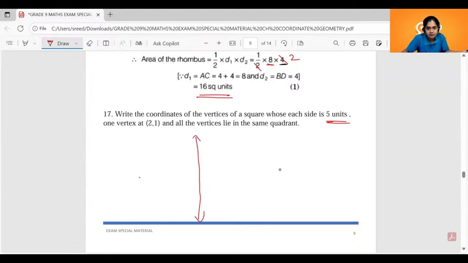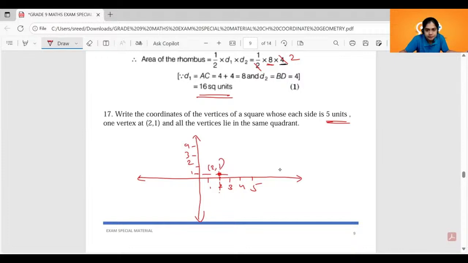Okay, so this is the positive side of y, this is the positive side of x. The first vertex is given, that is 2, 1. X is 2, then 1, right? Yeah, this is the required point, which is 2, 1.